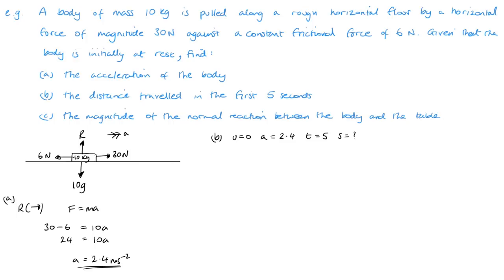So using those, we've got s equals ut plus half at squared. So that's 0 times t plus a half times 2.4 times 5 squared. And that is 30 meters.